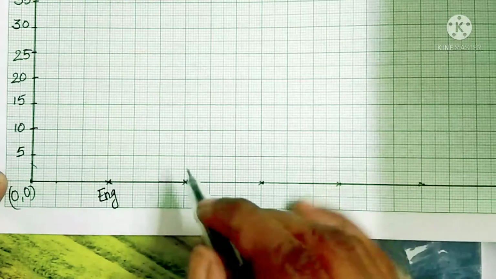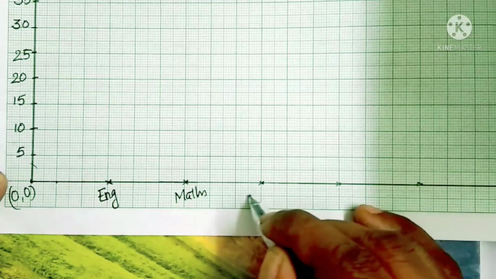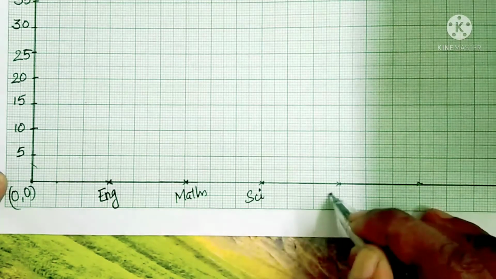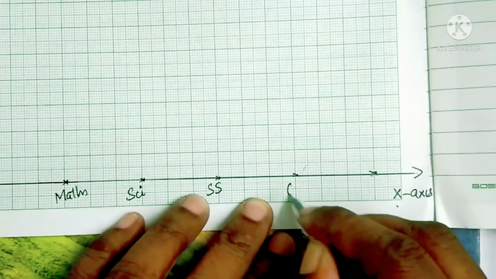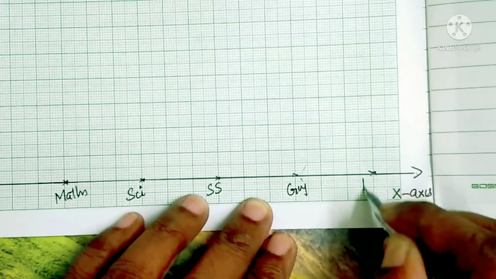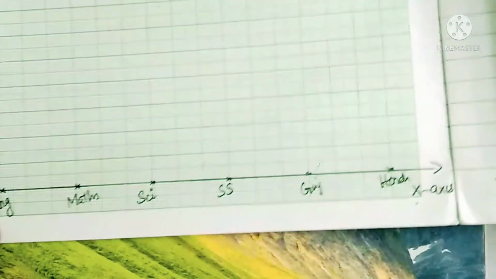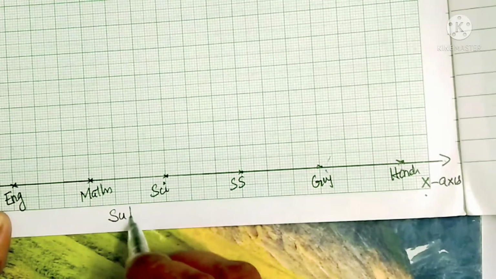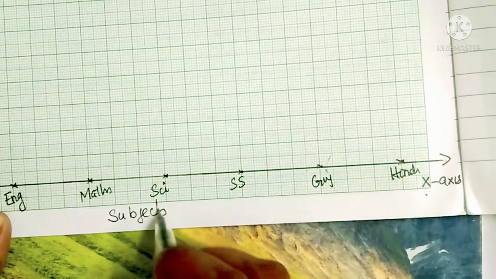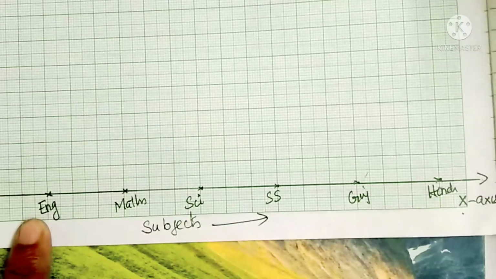Write English here. Second is maths. Then science, SS, Gujarati and Hindi. These are the subjects. So your x-axis is ready.